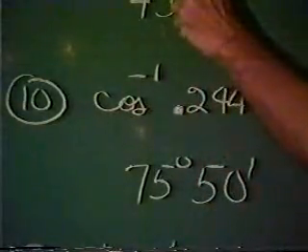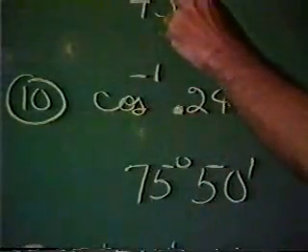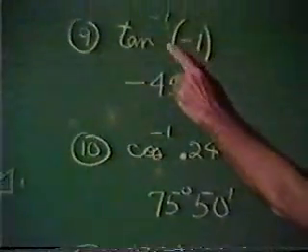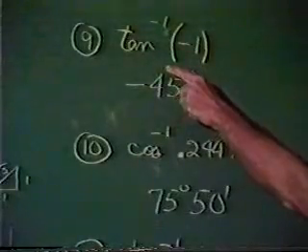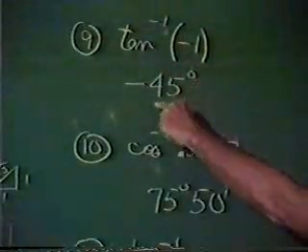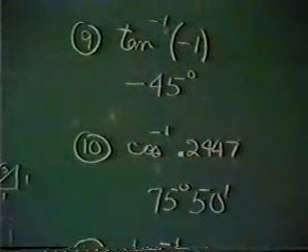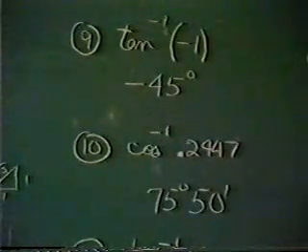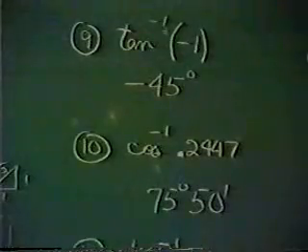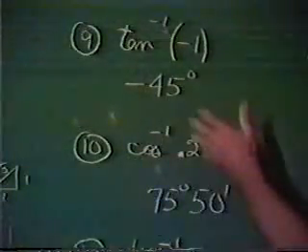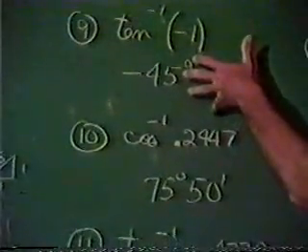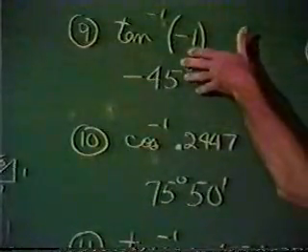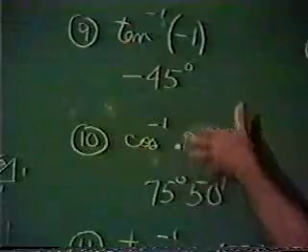But if you go back up here and punch a minus 1 and hit the tangent button, then you get minus 45, and that works out nicely. The calculator is programmed to give you the principal values, just like what we're trying to teach here.